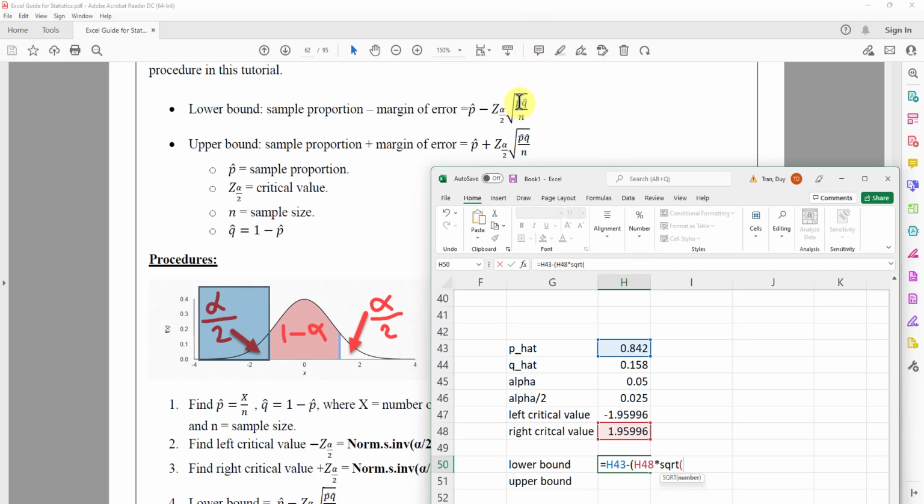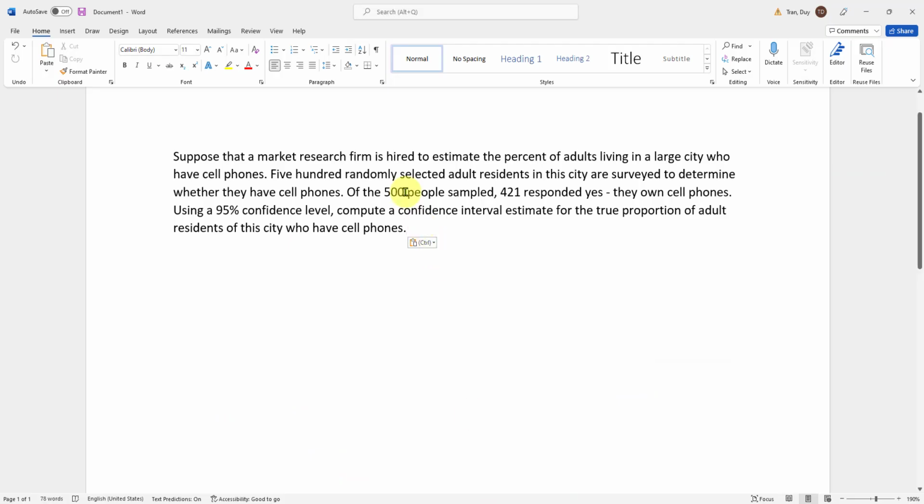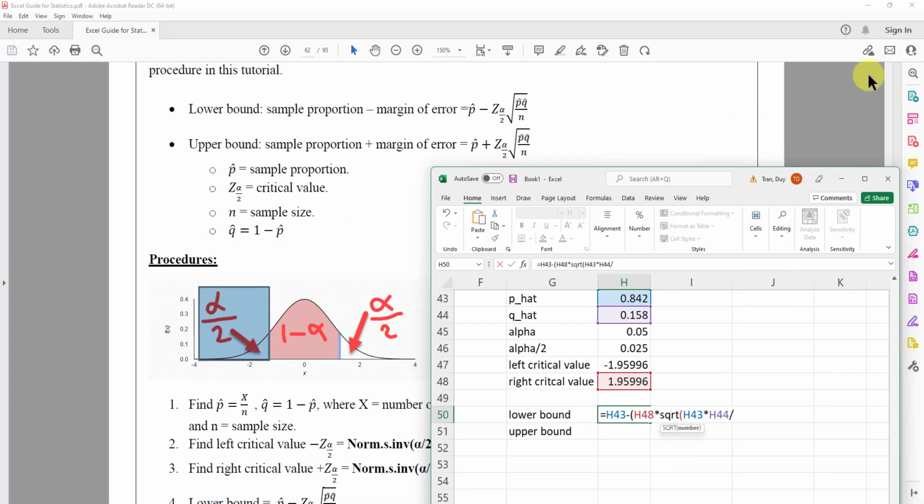And then I have p hat, which is this one, multiplied by q hat, and then divide by n. N in this case is 500 people. So divide by 500, and close that. And don't forget to close the whole thing, because we open it here. So close it again.